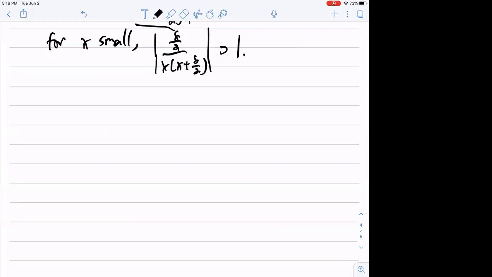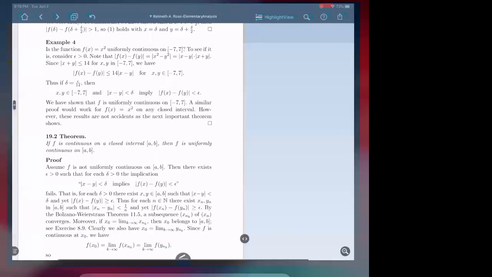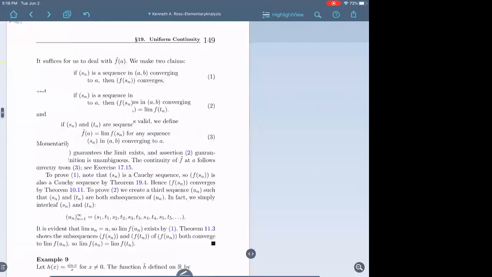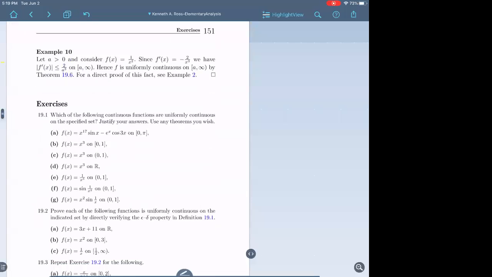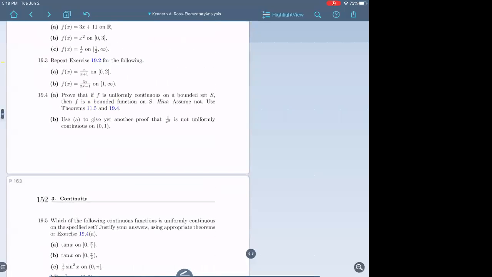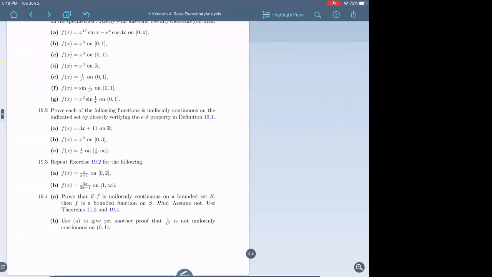So let's just do an example from the book. From here, let's do something more theoretical, yeah? So let's do 19.4a.